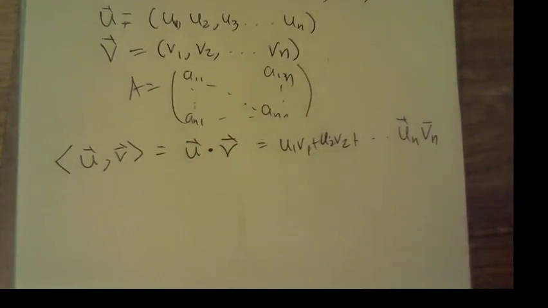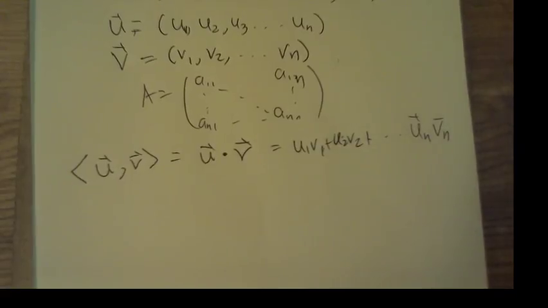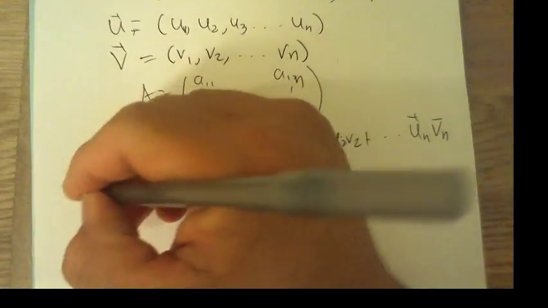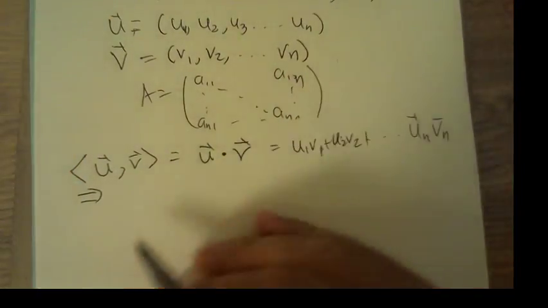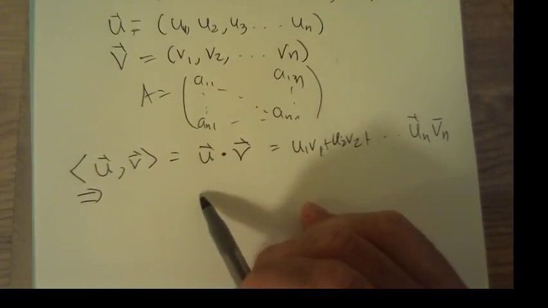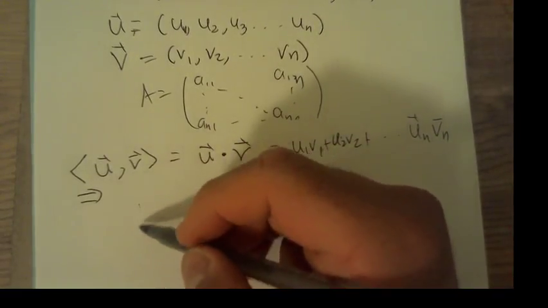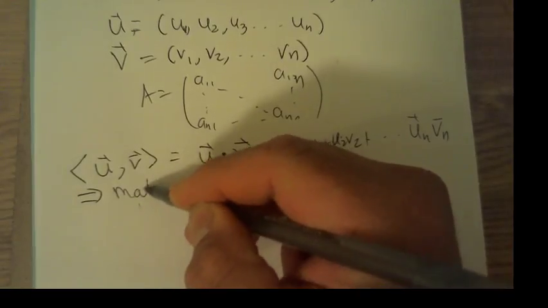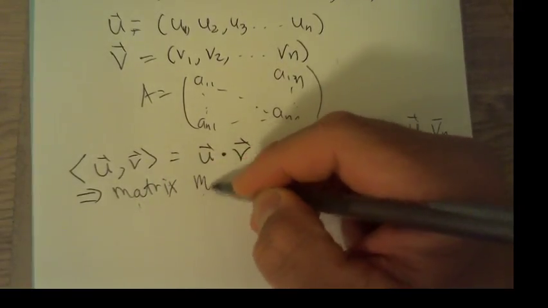Okay, but since I do have a matrix in play, I would like to look at the inner product, the Euclidean inner product, as a matrix multiplication.